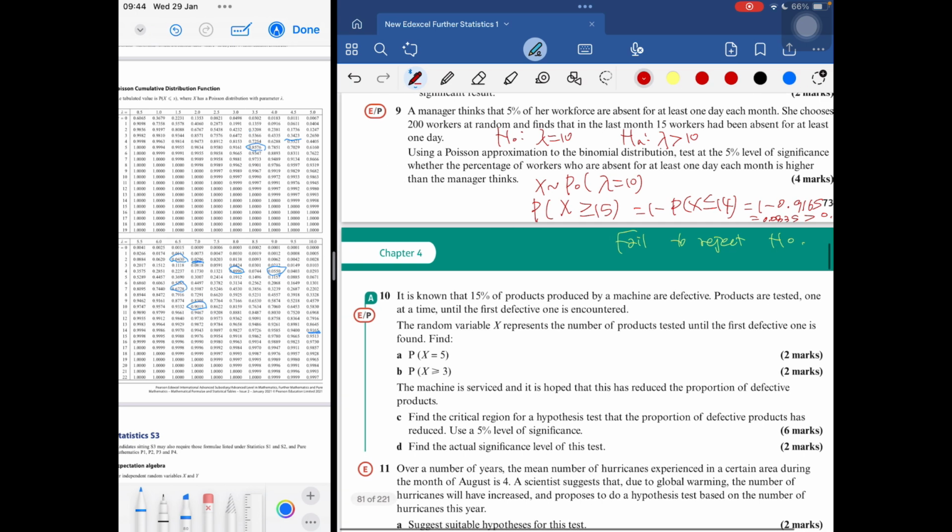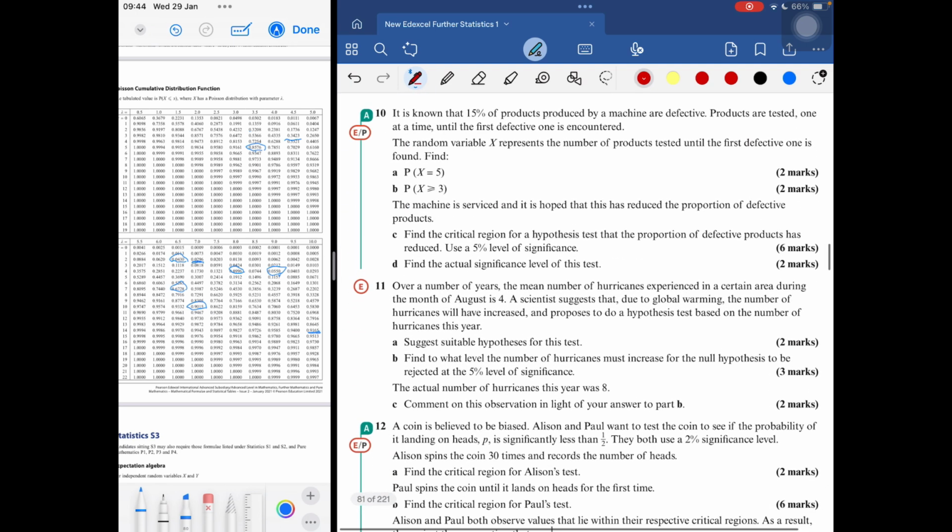So let's go for number 10. It is known that 15% of products produced by a machine are defective. Random variable X is the number of products until the first defective one is found. So this is geometric. X follows geometric 0.15.